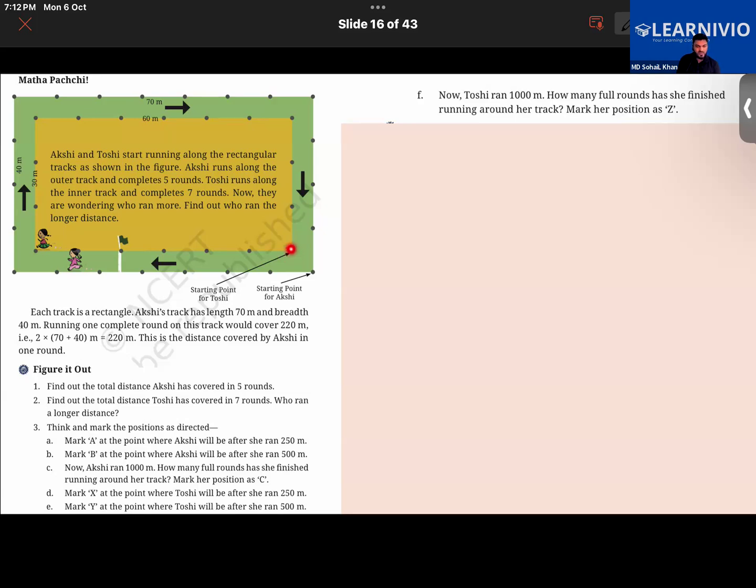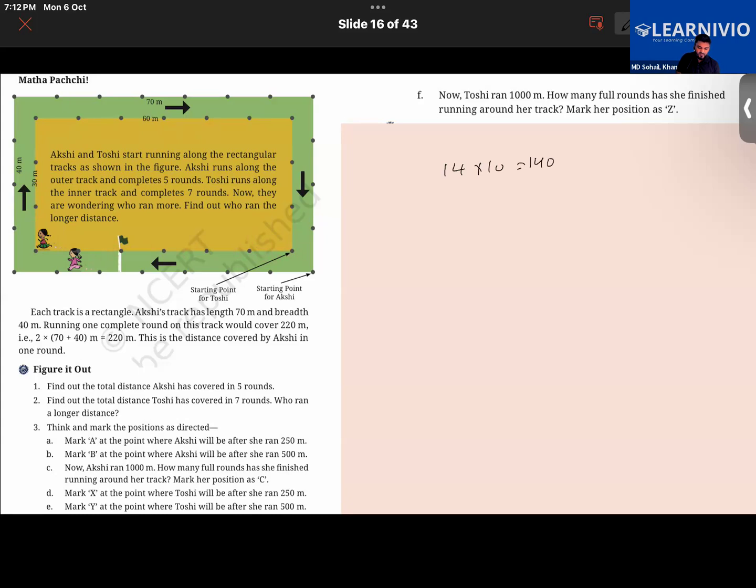Then it will be 10 plus 10 plus 10, simply 140 meters. So 1, 2, 3, 4, 5, 6, 7, 8, 9, 10, 11, 12, 13, 14. 14 into 10 is 140 meter.